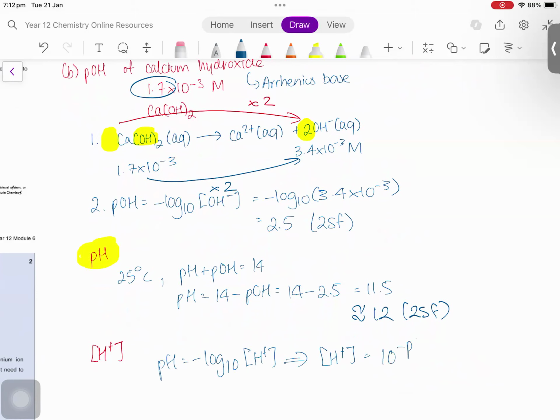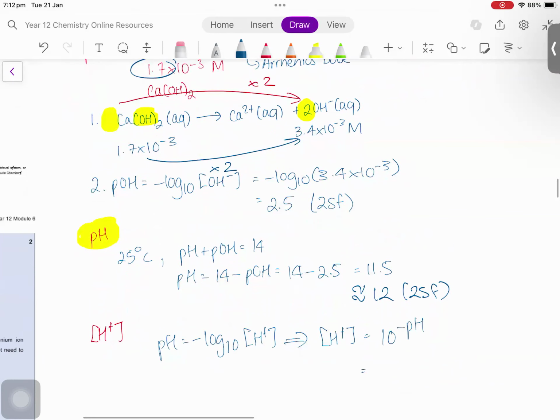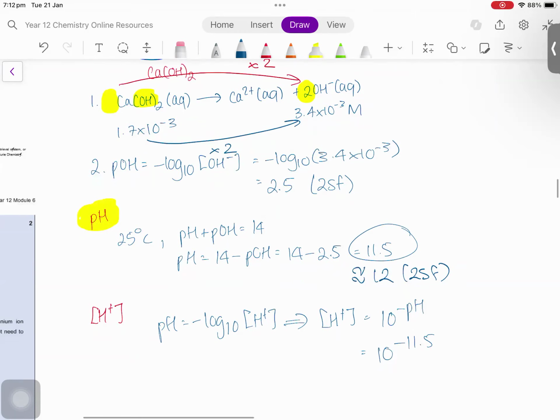Yeah, 10 to the negative pH. And then you calculated that just then. That was the 12. When you have multiple parts in a question, round off for each part. But if you need the number afterwards, take the whole thing. Yeah. So for here, I know I rounded it off to 12, but when I use the number again, I'm going to take my non-rounded answer. And then I'll just round off afterwards. Round off at the end of each question. So what do you get for H plus concentration?